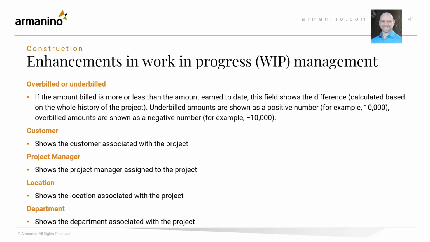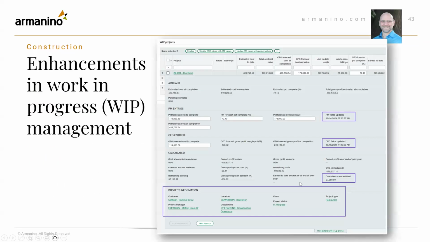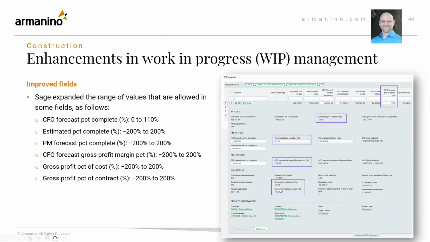So this deck will explain what each one is and shows, but you'll see here the highlighted fields where they've enhanced this. And there's another screenshot where they show the various areas where they've enhanced. And they tell you what the variance is, what the range is for each field.